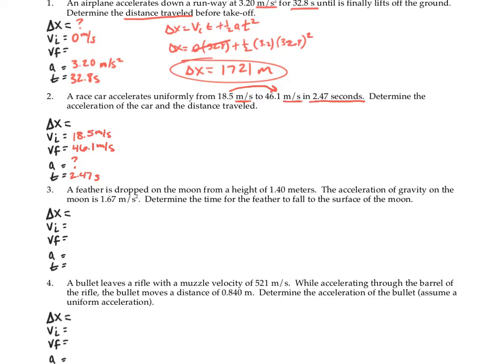If I'm determining the acceleration, that means I'm going to ignore this displacement and focus on the variables that I do have. If I'm doing that, I'm going to use the first equation. 46.1 equals 18.5 plus A times 2.47. I'm going to subtract 18.5 to the other side.